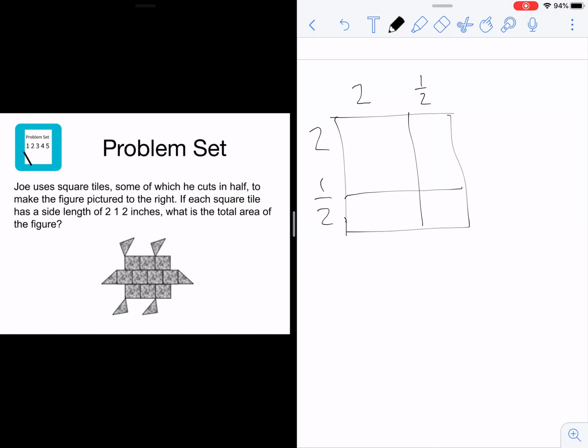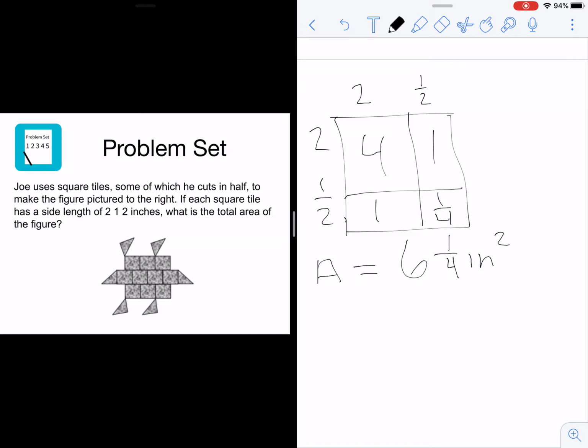You get 2 times 2 is 4, 2 times 1/2 is 1, 2 times 1/2 is 1, and then 1/2 times 1/2 is 1/4. So the area of one square is 6 1/4 inches squared. So now you have to count up the tiles, right?